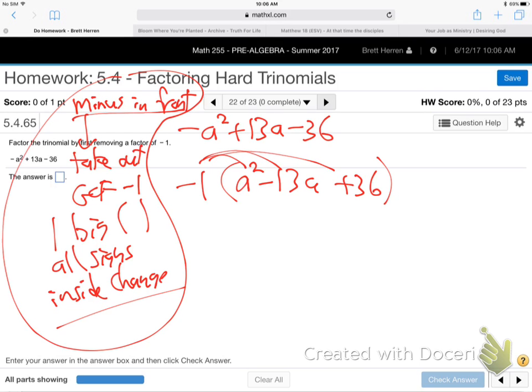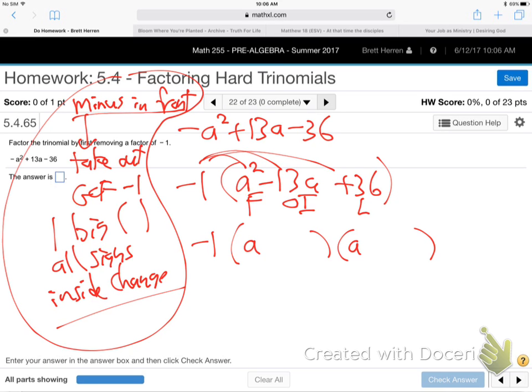Seeing what the combo is. So leave the minus 1 in the front, the 2 parentheses. We're talking about FOIL. Right, front times front to be a squared. A and A.